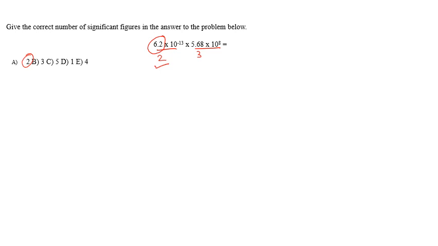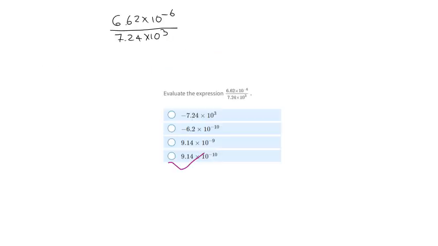Correct? Okay, so now let's go ahead and see some calculations. I have to do this calculation for dividing the numbers, right? So when you divide or multiply numbers, always we have to go with the least precise number of sig fig.